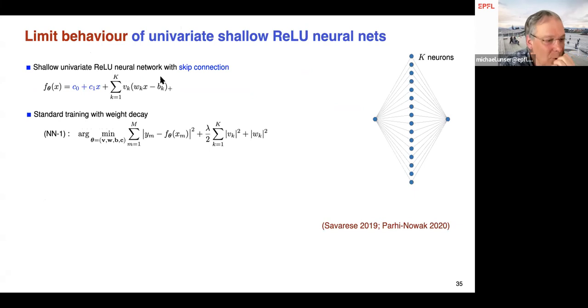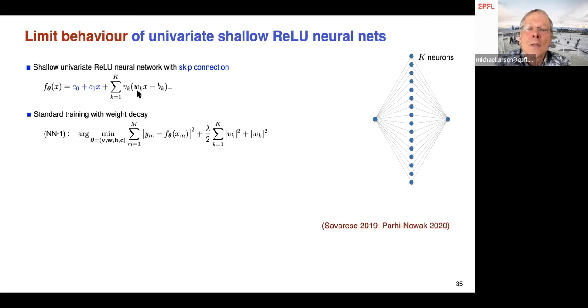Okay, so how can we relate that to the theory? First we can make a very nice relation in dimension one: the limit behavior of univariate shallow ReLU networks. If you look at a shallow network in one dimension, you can write it like that, using those ReLU functions.